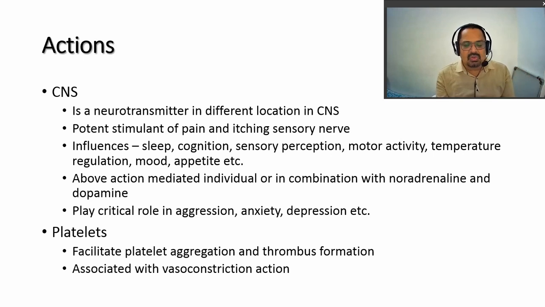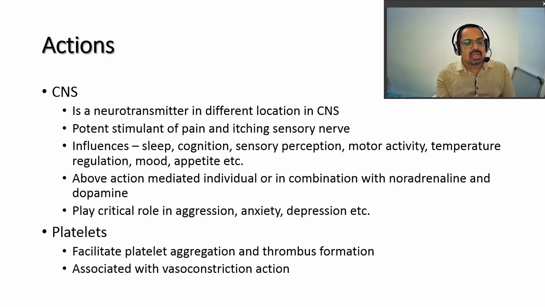All the above actions are generally mediated by serotonin individually or in combination with noradrenaline and dopamine. It also plays a critical role in the CNS in processes like aggression, anxiety, and depression.